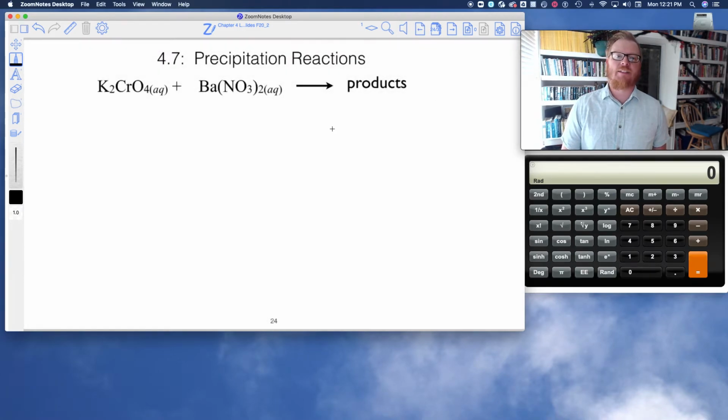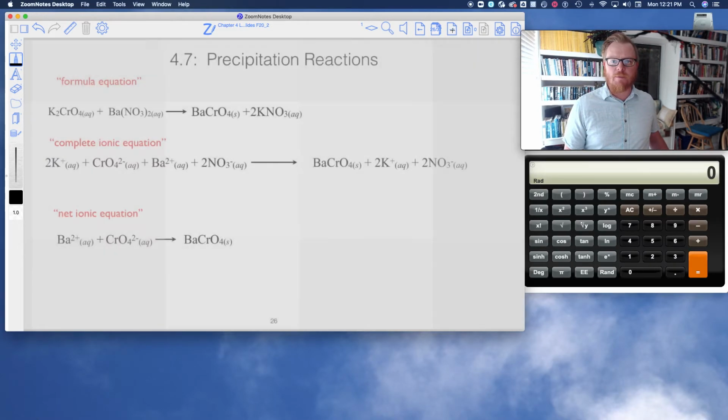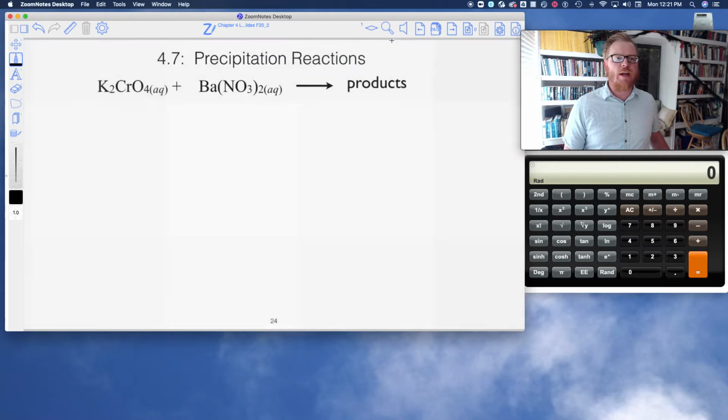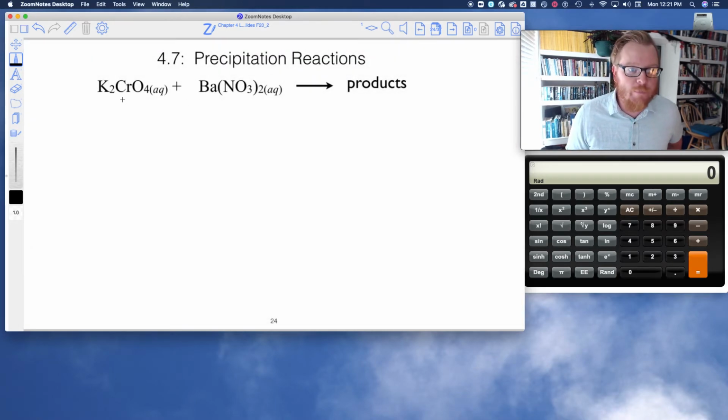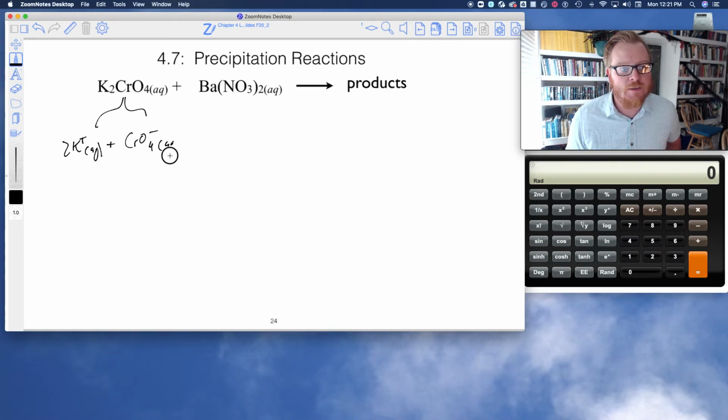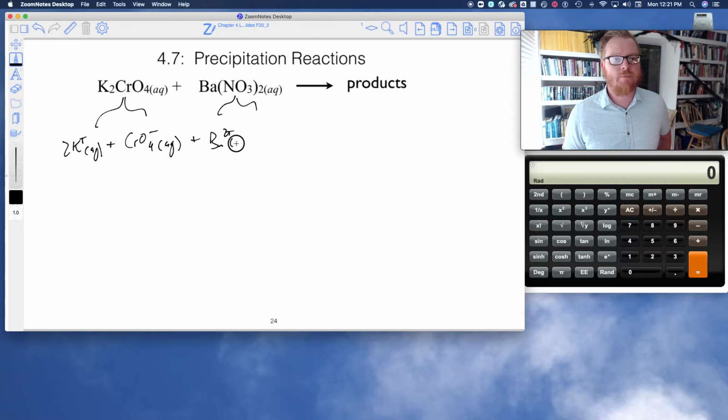So let's go back to this now. And we remember that when I was doing this reaction here, okay, let me see, what is my next slide after that? Yes, so let's write this out. Good practice to break this down, right? 2K plus aq plus, I know I did this already, but this is good practice all the same, okay? And then now this breaks down into barium and 2 nitrates.